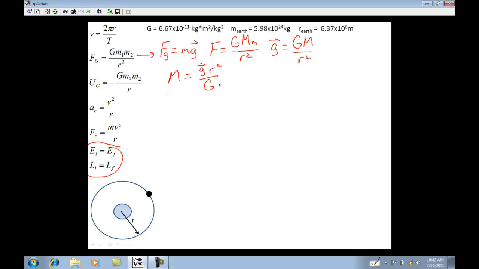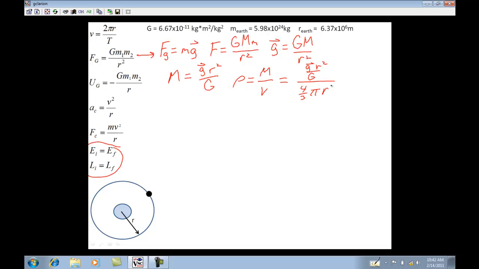So rho is the density of any object. The density of a planet would be the mass of the planet divided by its volume. Okay? I've rewritten the mass of the planet as being equal to little g r squared over big G, and the volume of a sphere is 4/3 pi r cubed.